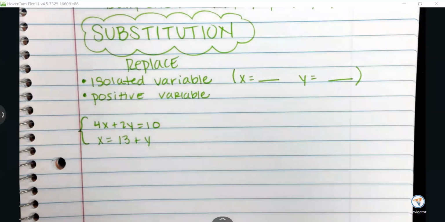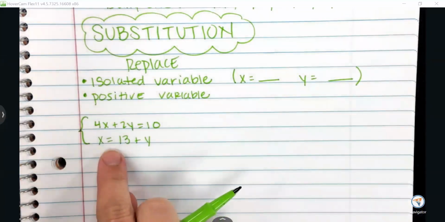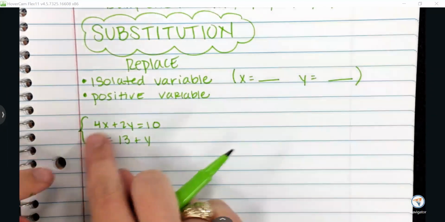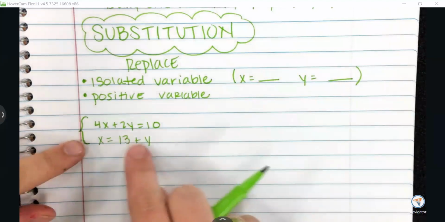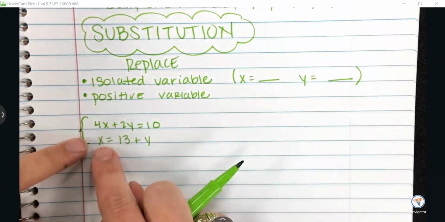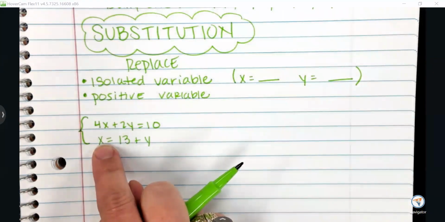Which one, the top or the bottom? The bottom. It is isolated. It says x equals something, okay? That is a huge red flag that I am using substitution. So I'm going to substitute. What did substitute mean to do? To take out something and replace it.